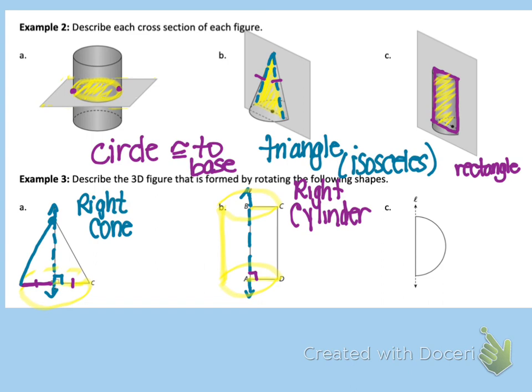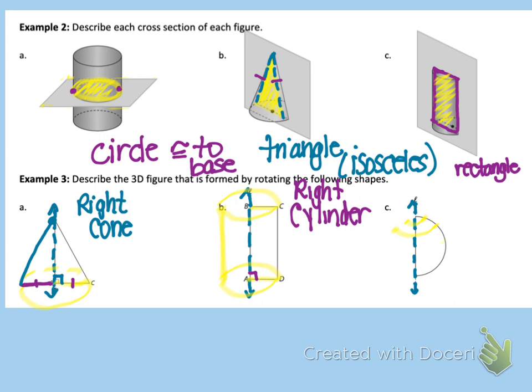Now, with this one we have this as an axis. You can probably tell what this one is too. It might actually just look like it's going to be a circle when you get done. But if you think about points here, when it rotates around, it's going to go in close. The further out they go and rotate around, they're going to be out further on the other side.